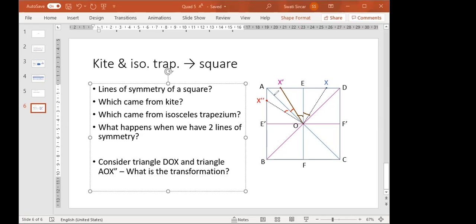So the gap between these two, this was 45 degrees, and you can see how that doubled here to give you a right angle.